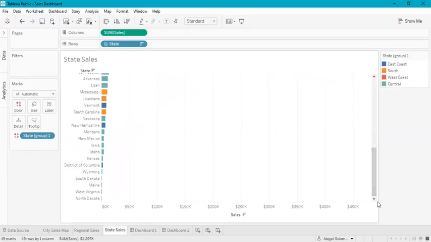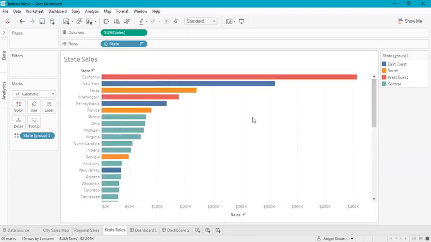The least sales we had, as per the regions and the states around it, was North Dakota, and North Dakota had $1,000 in sales. Mississippi, it managed. So most of the states had lesser sales like that till we got to California, which had the highest.